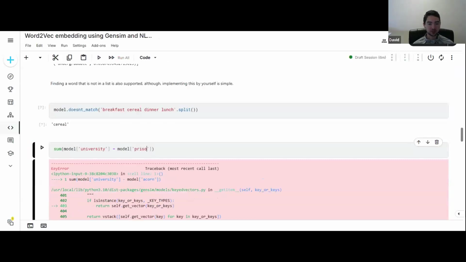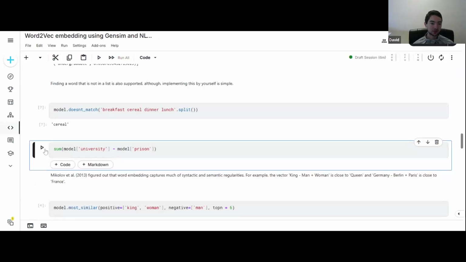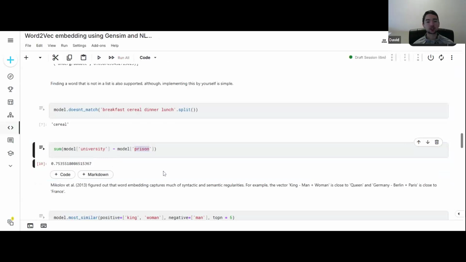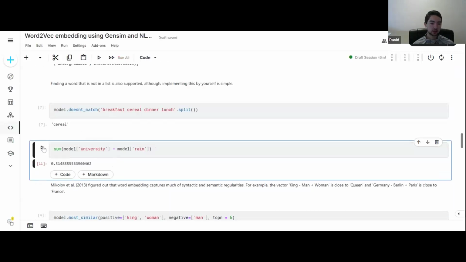Maybe prison. And it's actually kind of similar. Okay, well, those are both places, so I guess they're going to be in a similar area. Maybe like rain or something like that. It's actually closer. Okay, so maybe I did this wrong.